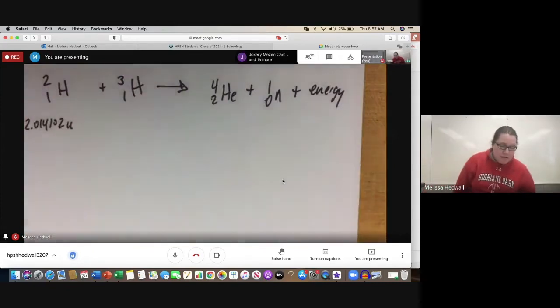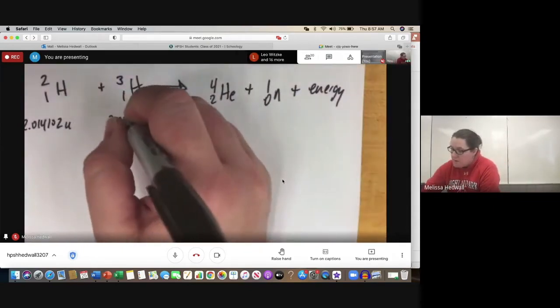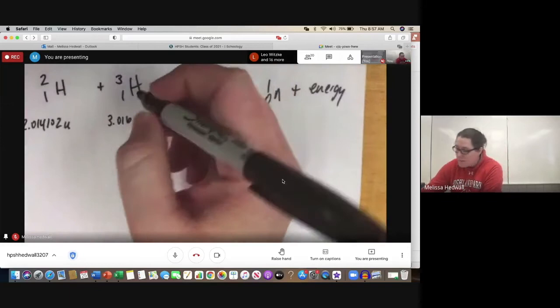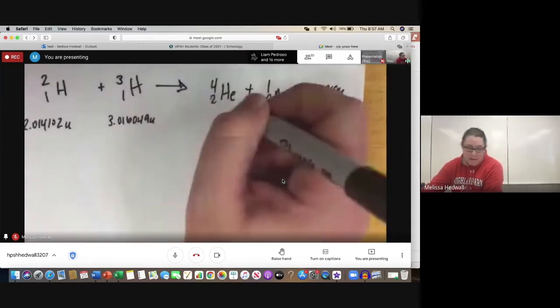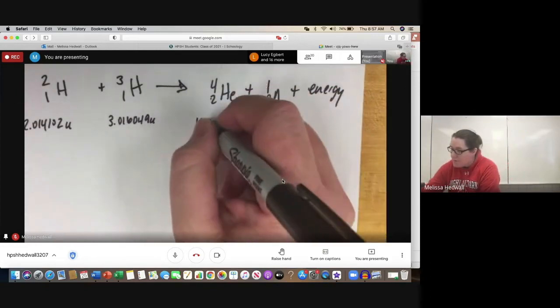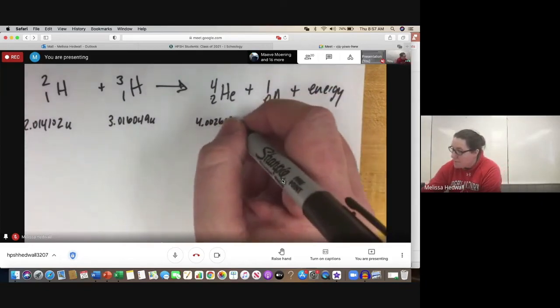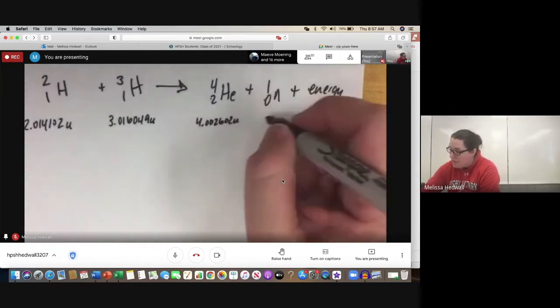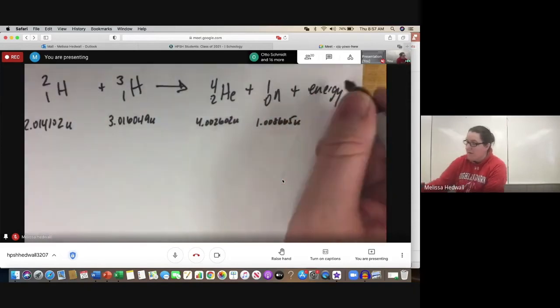For tritium, hydrogen 3, I have 3.016049 units. For my helium 4, I have 4.002602 units. For my neutron, I have 1.008665 units, and then energy.